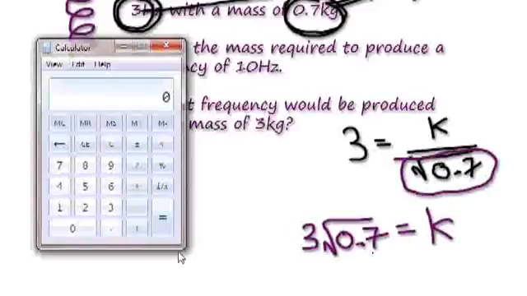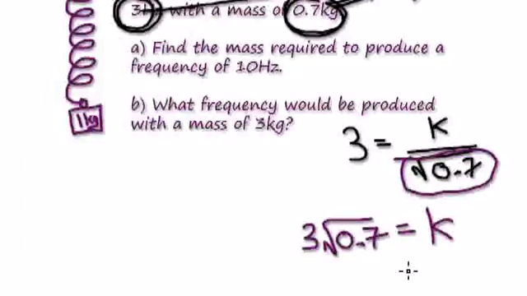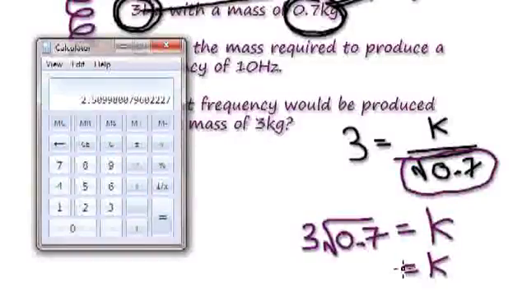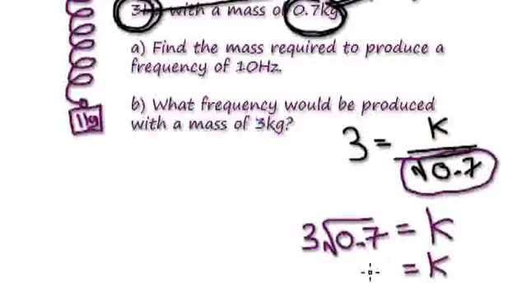So jump to your calculator. 0.7 square root, and then times 3 equals, so this is our k. So k equals roughly 2.5.